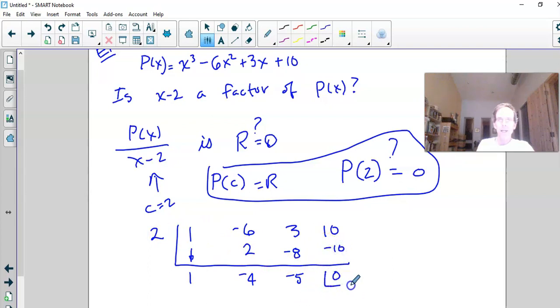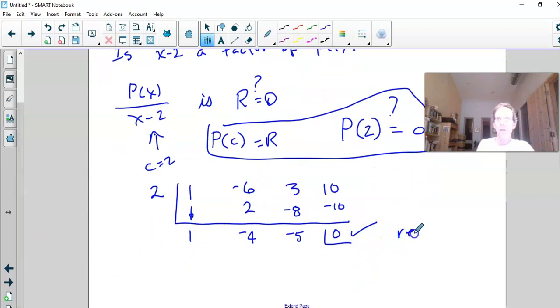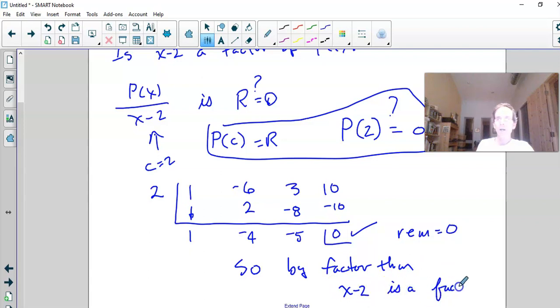We add those together in the last column. We get 0. The remainder is 0. So, by the factor theorem, x minus 2 is a factor.